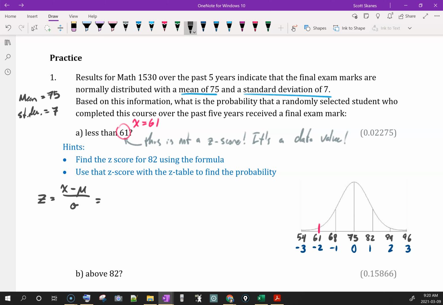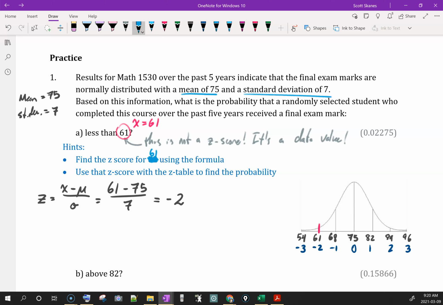Or we can have our x value, 61, subtract the mean, 75, divided by the standard deviation, 7. What you'll get is -2, which is no surprise, really. That's what we expected. But if you want like a method to do it, that's how you do it. So we found the z-score using the formula. There's a little typo here I just caught. Maybe you didn't even notice. Find the z-score for 61 using the formula.